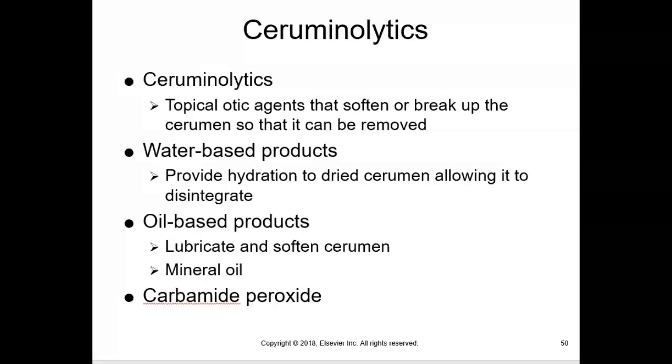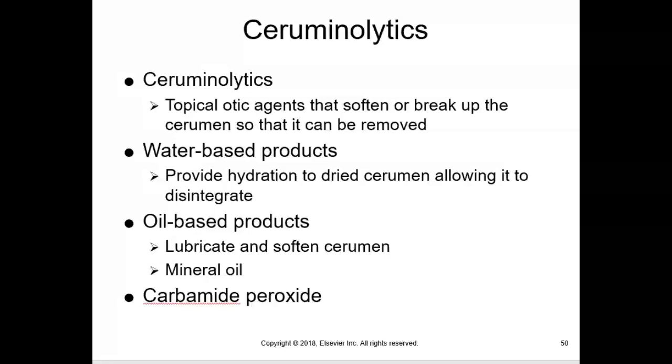They can be water-based or oil-based. Water-based products provide hydration to that dried earwax to help it disintegrate, whereas oil-based products, such as mineral oil, you can think of how slippery that is, lubricate and soften the earwax to help it hopefully be expelled on its own or with assistance with an ear irrigation if necessary.